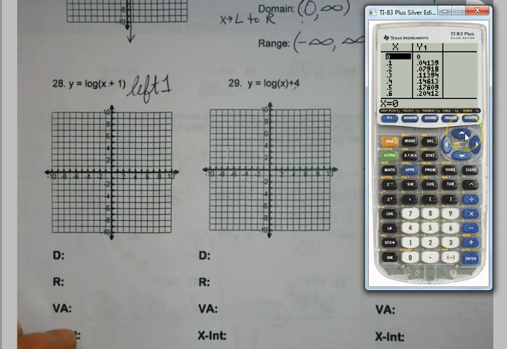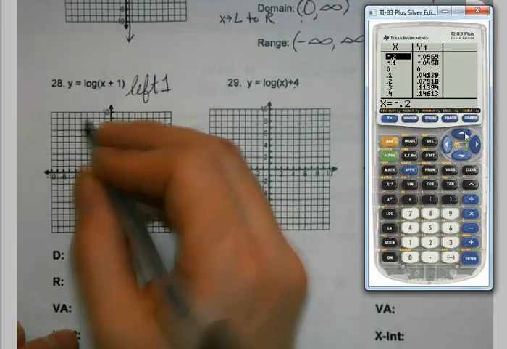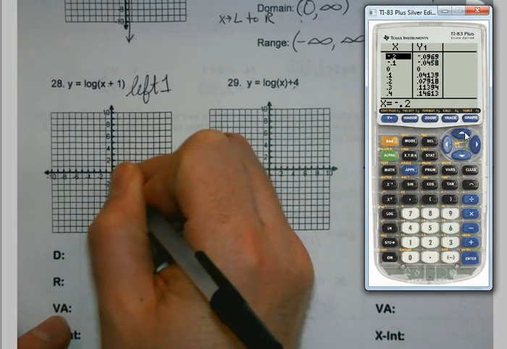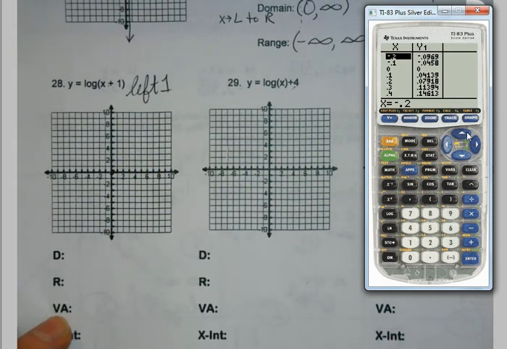So let me look at my chart here. And you'll notice now instead of at 1, 0, that point that was at 1, 0 before shifted left 1. Now it's at 0, 0. Before, where was my other point? At 10, 1?